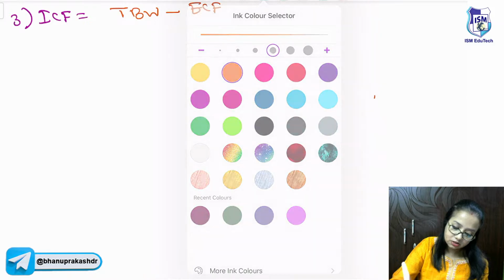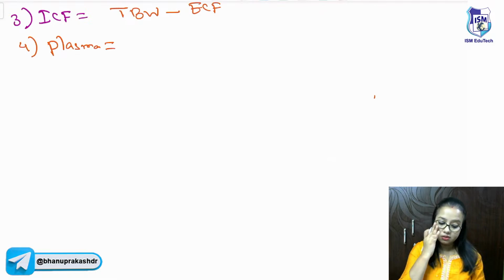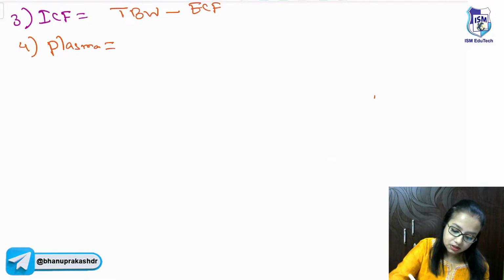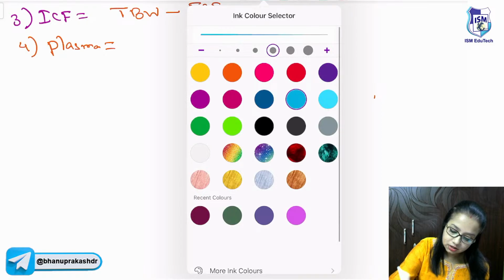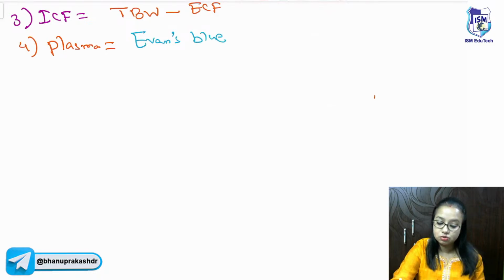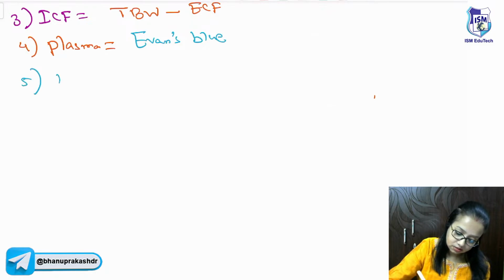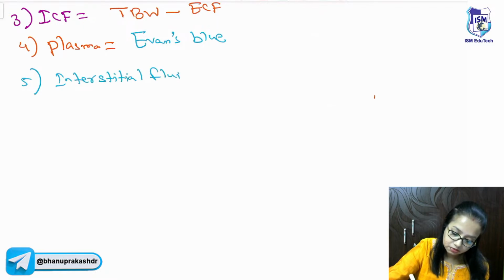Now, coming to the plasma. Okay, plasma can be directly measured by Evans blue. It is a dye which is used to measure the plasma. Then we have the interstitial fluid.